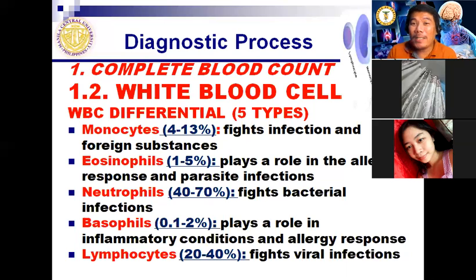Eosinophils, if it is parasitic, the infection is caused by a parasite. Significant increase in neutrophils if it is bacterial. If it is viral, the elevation in percentage is lymphocytes. So it's clear. For general infection, we can refer to the monocytes. For parasitic, eosinophils. For bacterial, neutrophils. For viral, lymphocytes.